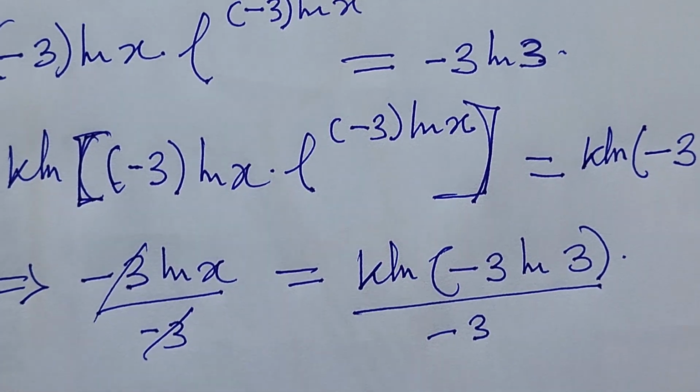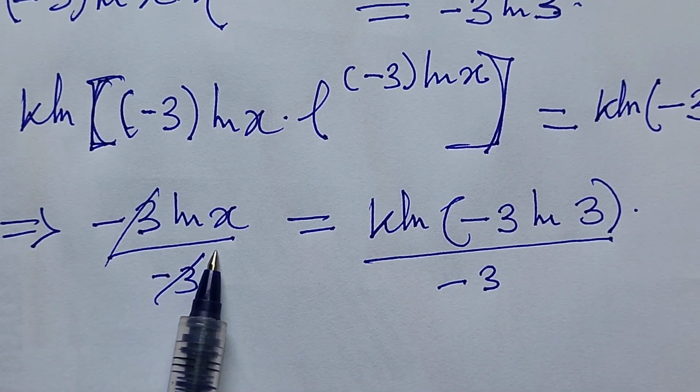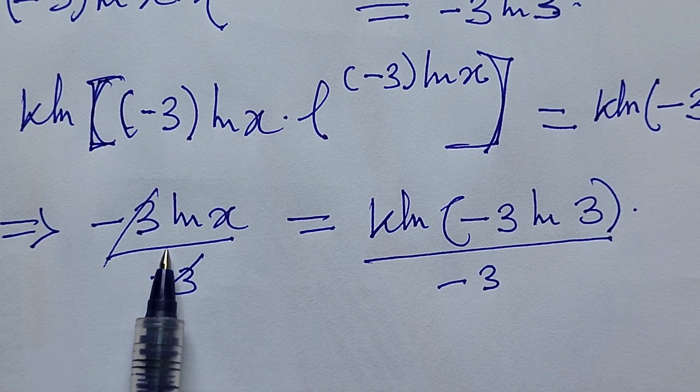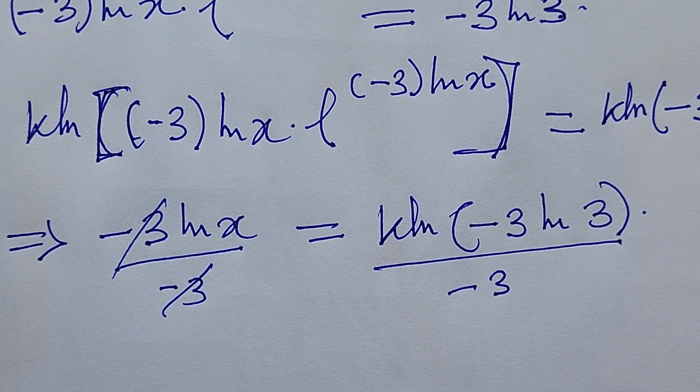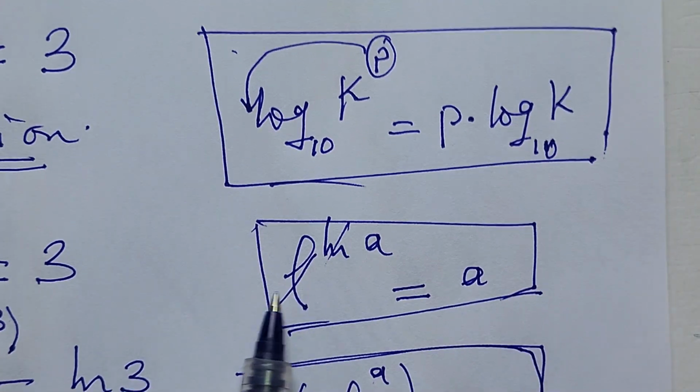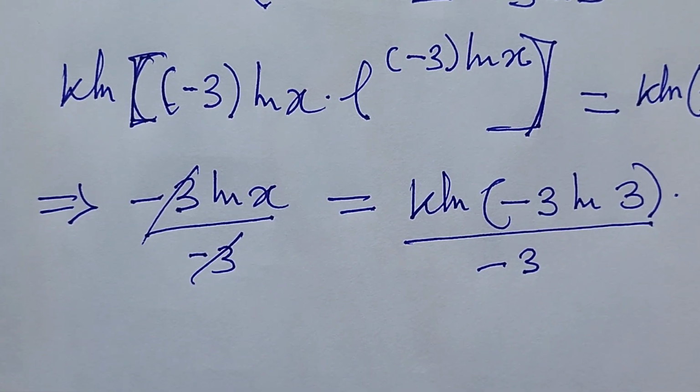So this leaves us with ln of x, right? Ln x. With this ln of x, we are going to apply this rule here. Let's introduce e to both sides of the equation.